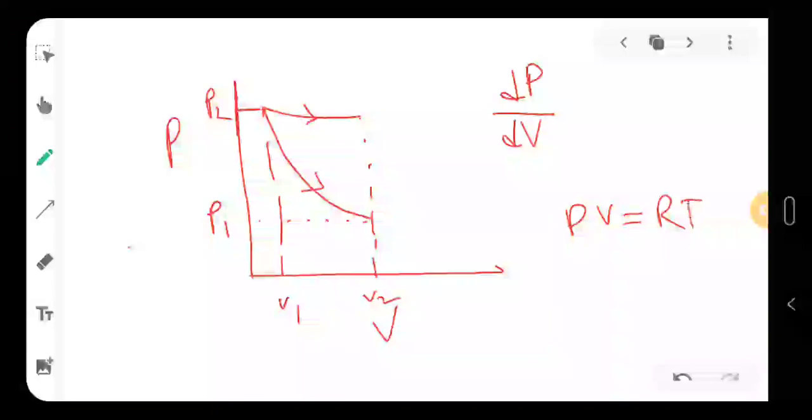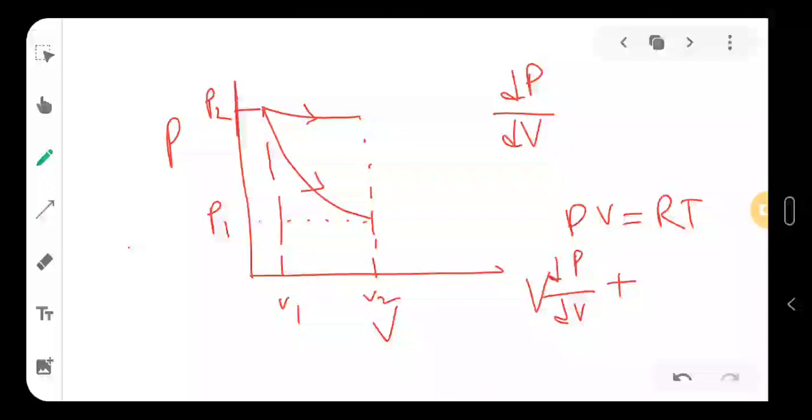So we can directly differentiate. This will be V dP by dV, then plus we will have P into dV by dV, which is 1. And that side will be 0 because this is a constant. So we can see dP by dV from this equation will come as minus P by V.